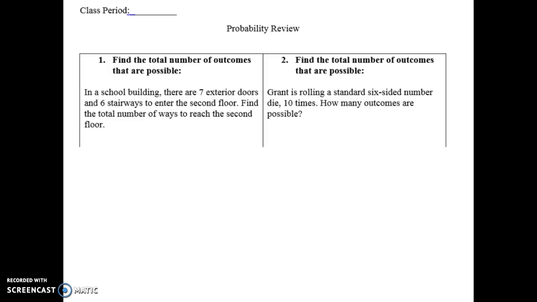I think numbers 1 and 2 are a little bit different on your paper copy, so if you want to just change the numbers, I think the numbers are different. But either way, for both of these, we have to find the total number of outcomes. When we do the total number of outcomes, all you have to do is multiply the probabilities.